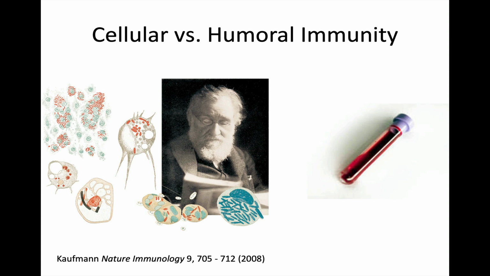Past immunologists got really into this distinction between cellular and humoral immunity. Personally, I don't love it, but I think there are some places where the distinction works for us. This is a picture of one of the immunologists very involved in this debate. These past immunologists, around 1900, argued: is the immune system cells, or is the immune system liquid?